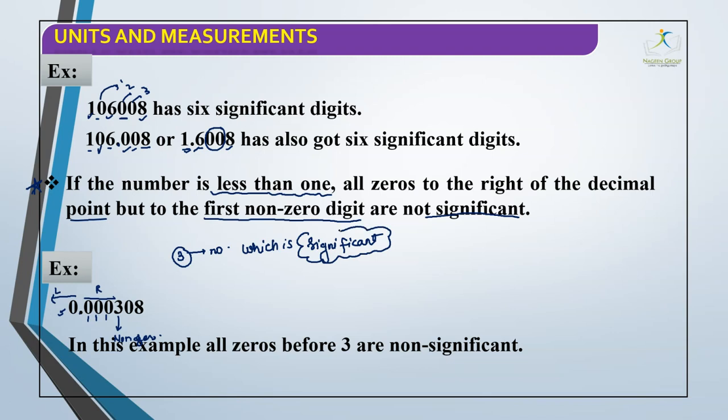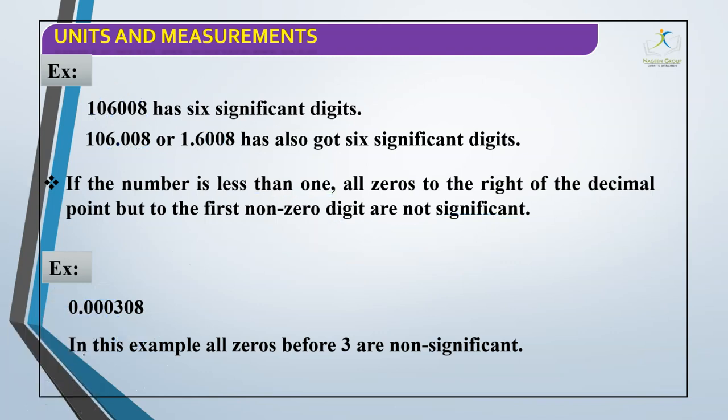If any zeros come before the significant figure, we are not counting them. But after it, we take it further. अभी उसको समझेंगे. But now what we have to understand is that zeros present before a non-zero digit are not significant.